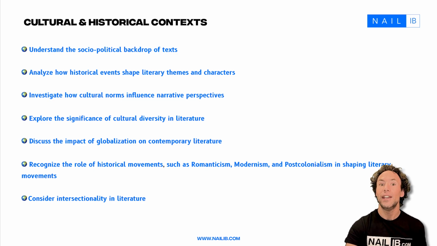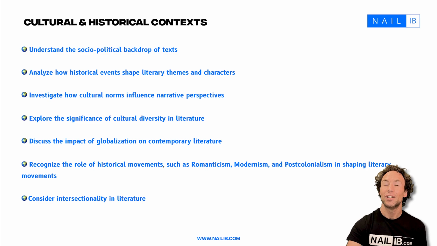So we'll explore these movements and historical contexts to examine how authors responded to social, political and cultural changes, to really understand the influence of these historical movements on us, on society, on writers, and address how those literary styles and themes have evolved over time.